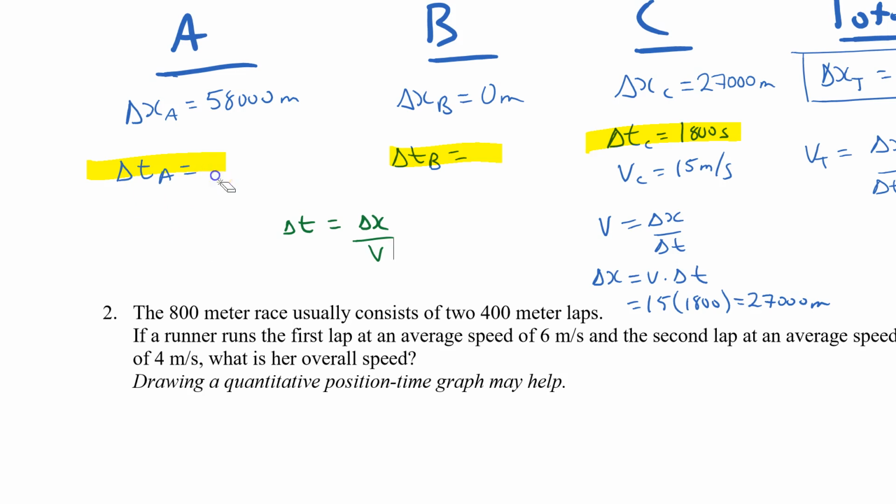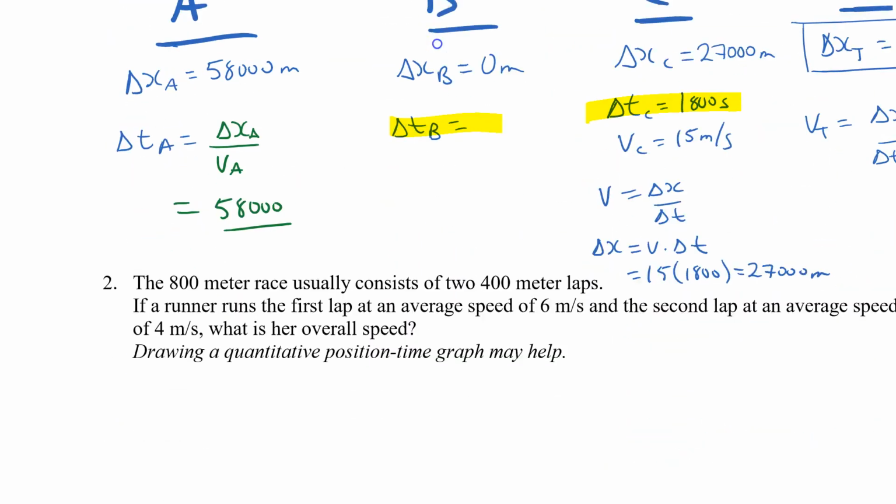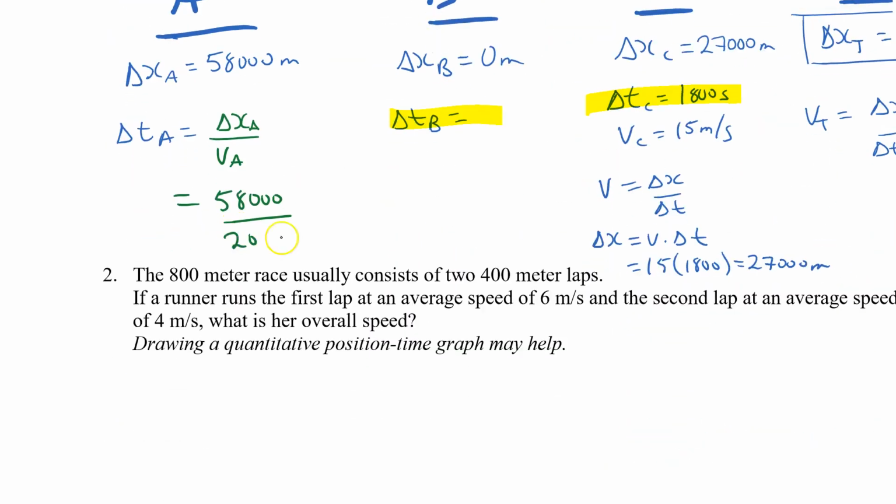Okay, so we're going to say here, this is going to be equal to the displacement in interval A divided by that velocity during interval A. Okay, so our displacement was 58,000 and our velocity during that period of time was 20 meters per second. 58,000 divided by 20 I think is 2,900.